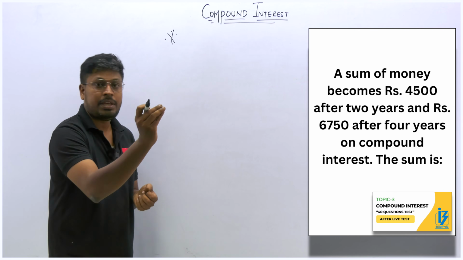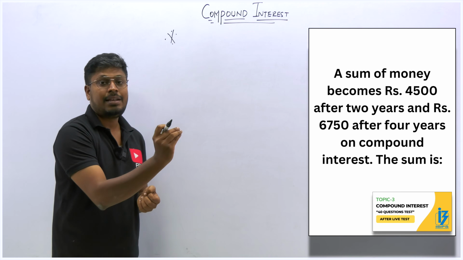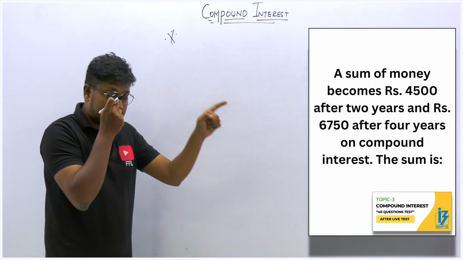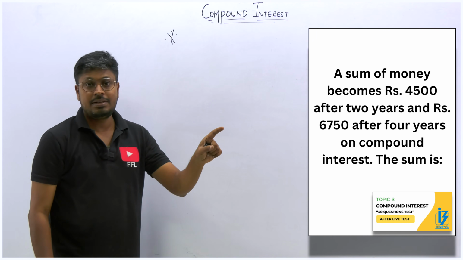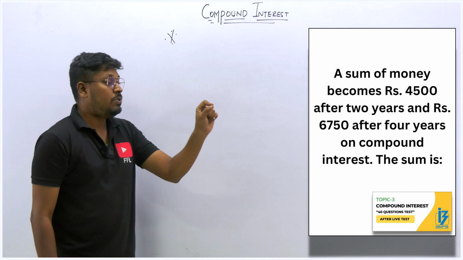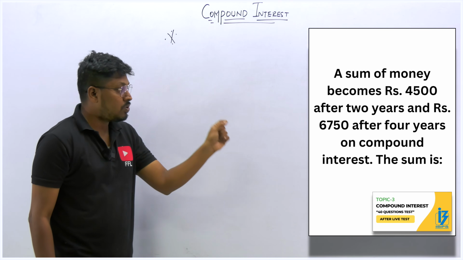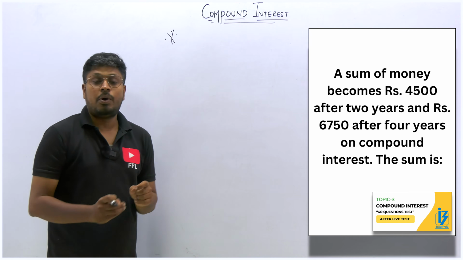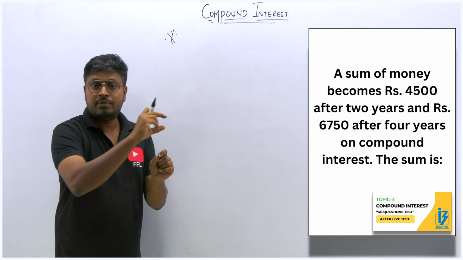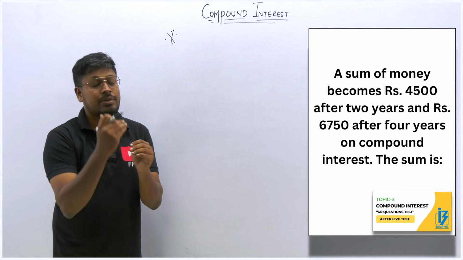You have to frame two equations and then divide the equations in order to find the rate of interest. So why am I saying a same model question, T1 years, T2 years, because they have given two different amounts, right? Two total amounts have been given, one after 2 years, another after 4 years. So what you need to do is, for 2 years you frame an equation, for 4 years you frame another equation and you divide it.